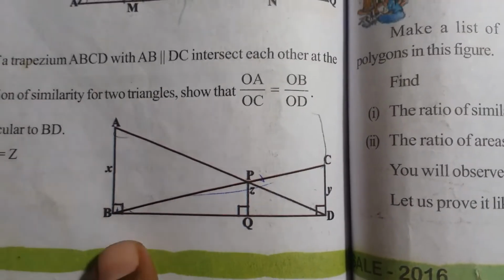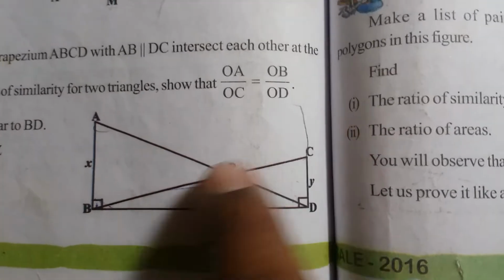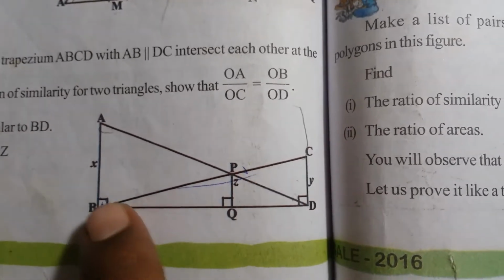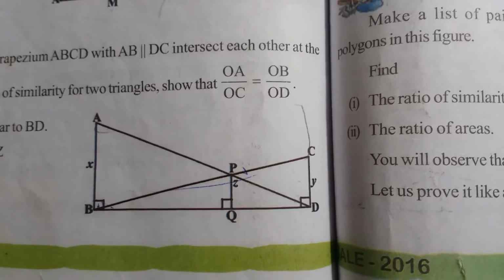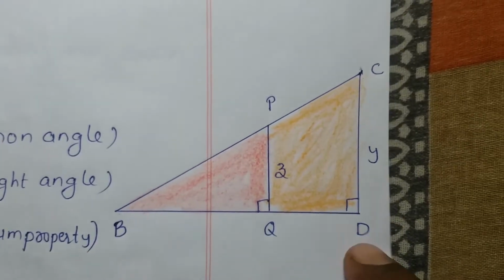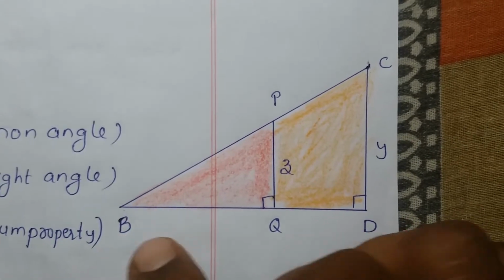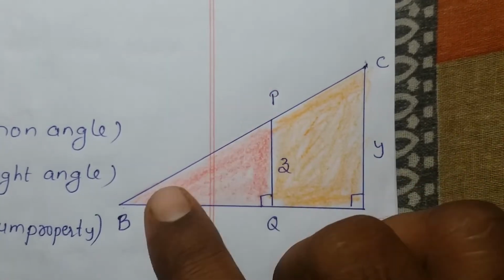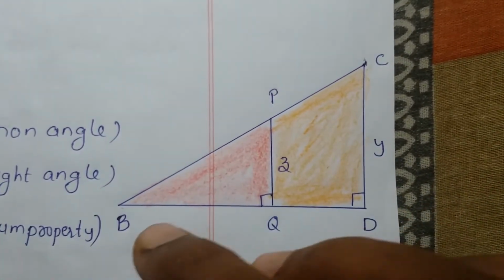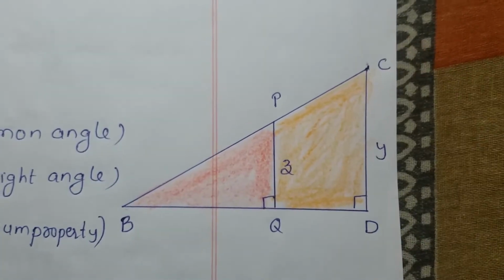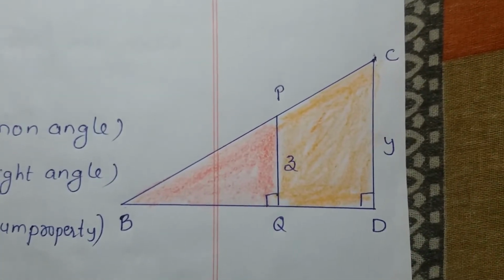So I drew this BDC diagram here, only this diagram. So in the BDC diagram, there are two triangles. One is BQP, and BDC is another triangle.